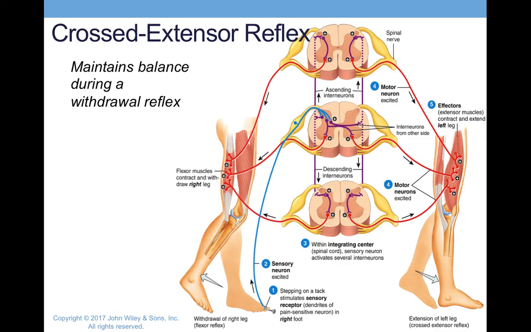Now this one, instead of ipsilateral, is actually contralateral. So we see here that the sensory neuron enters on one side, but the motor or the effector exits on the opposite side of the spinal cord. Oftentimes we use reflexes to diagnose disorders of the nervous system and to locate injured tissue.